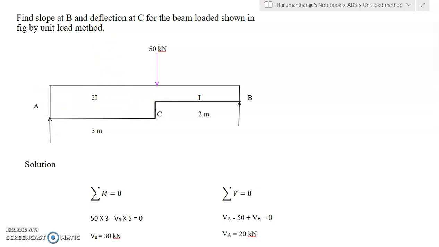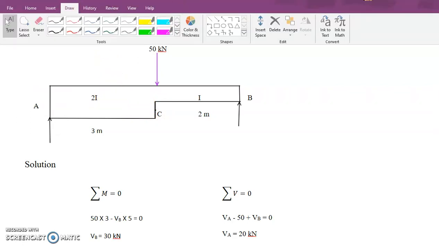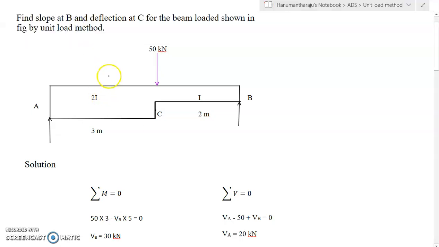To find the bending moment, we need to take a section in the portion AC and from the origin, let the distance be x. Here, you can take either the left of the portion or the right of the portion.